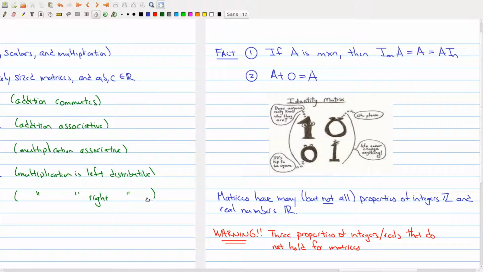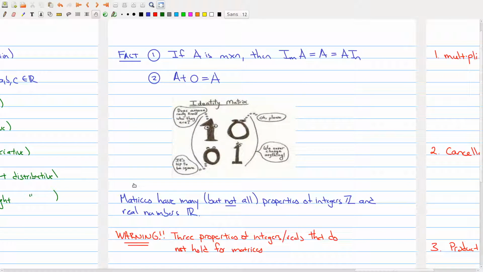Okay. There's a couple of other facts that we want to highlight here. The first is about the identity matrix, which is this I_M. The first fact is that if A is an M by N matrix, then if we multiply on the left by the identity matrix, we get A. And if we multiply on the right by I_N, we also get A. Now the difference in size is just to make sure that the matrix multiplication is defined.